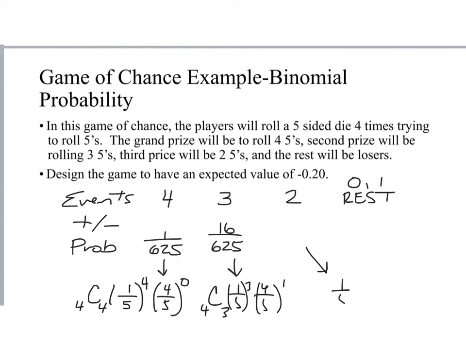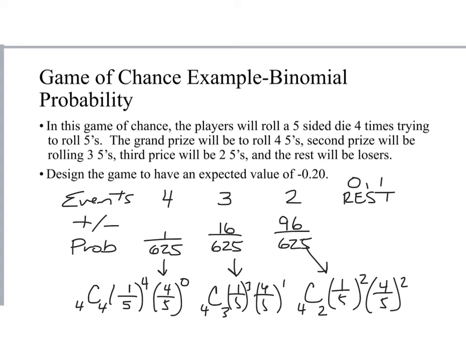Two fives would be 1/5 squared times 4/5 squared, 2 fives and 2 non-fives, and then the combination would be combination 4 choose 2. And that would come out to be 96 out of 625.